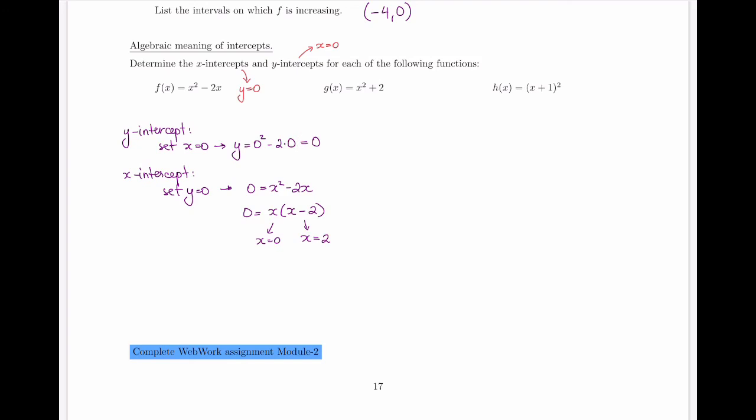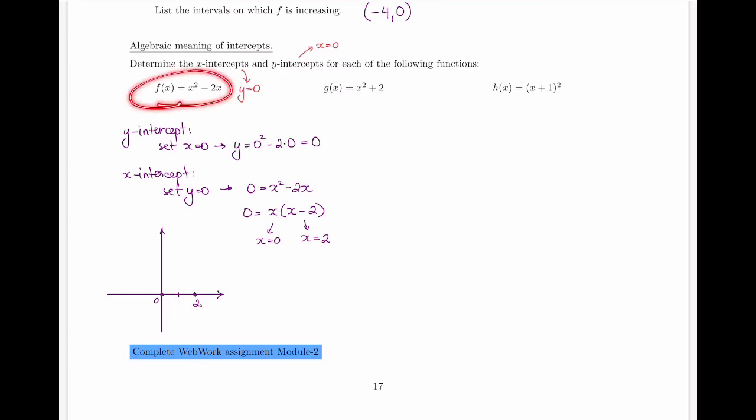If I were to produce a quick sketch of this function, I can immediately put those 2 points on the graph, and this will guide my graph, particularly if I know something else about this particular type of function. So my points are x is 0 and y is 0. That's both my x-intercept and my y-intercept. So this point is on my function, and the next point is x equals 2. So this guy right here.